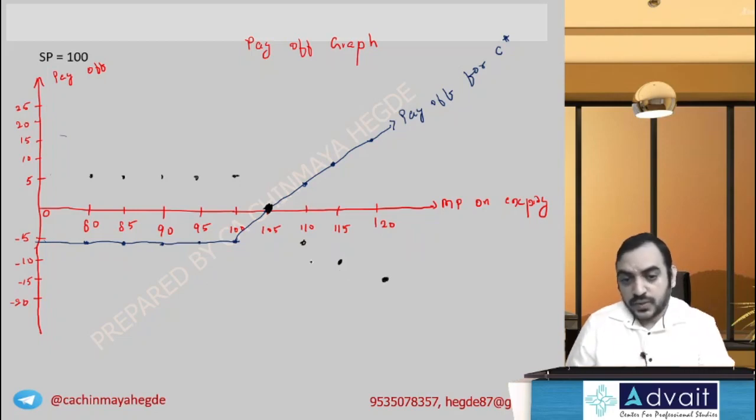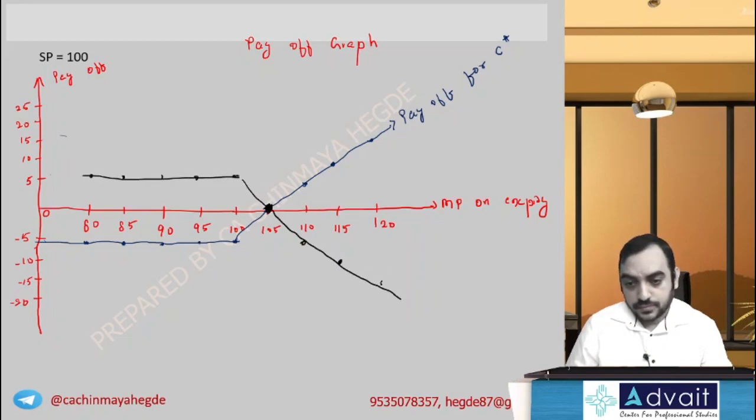So the loss will keep increasing. This is a flat line, and then you join and get a line that keeps coming down. So this is the payoff for the writer, C minus.